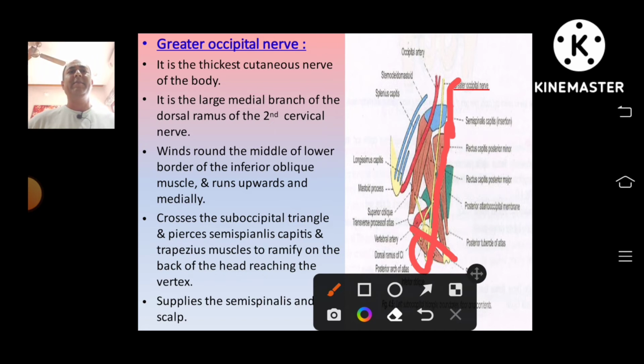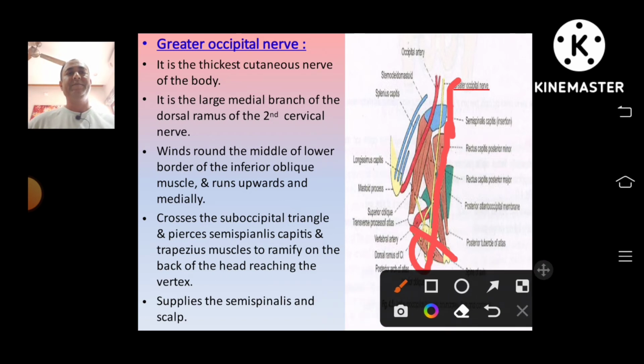So it winds around the middle of the lower border of the inferior oblique muscle and runs upward and medially. It crosses the triangle and pierces the semispinalis capitis, trapezius muscles, and ultimately it reaches the vertex of the skull. It supplies the semispinalis capitis muscle and scalp.